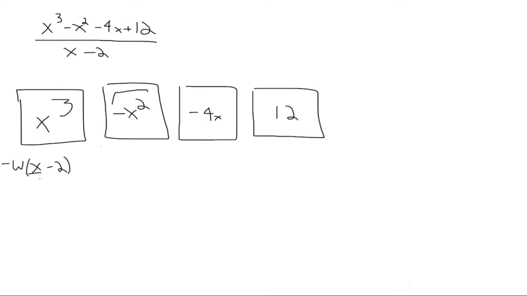We're going to choose this x to multiply by w to equal x cubed, right? So that just means that w times x equals x cubed, right? We can find out what w is using algebra. So we divide both sides by x. We end up getting w is equal to x squared, right?